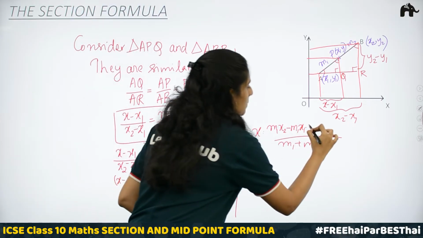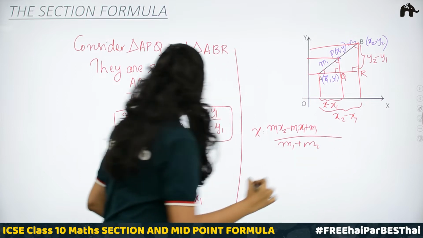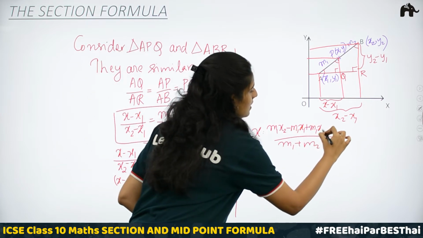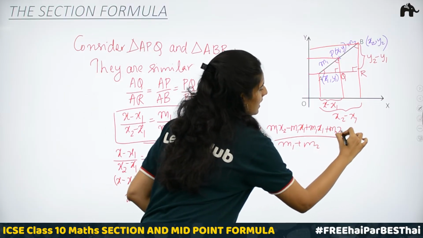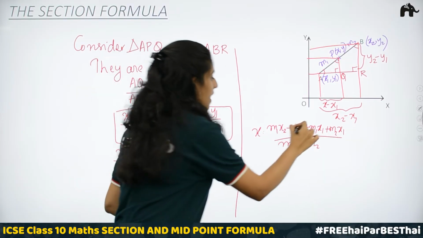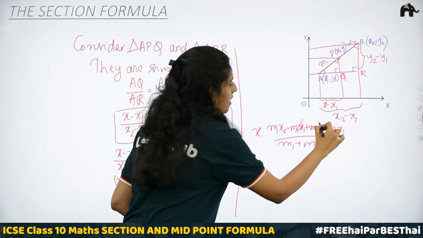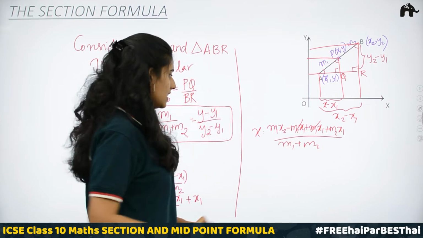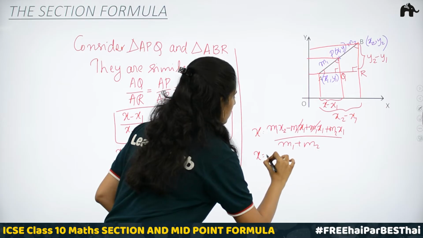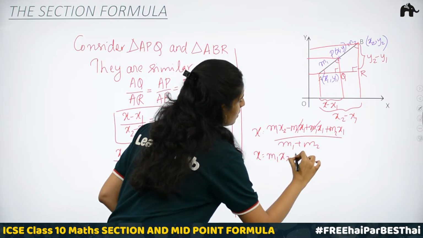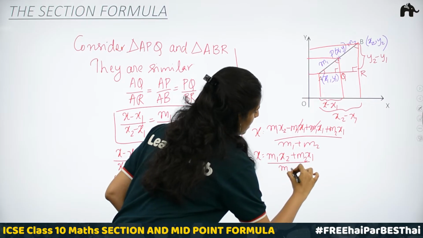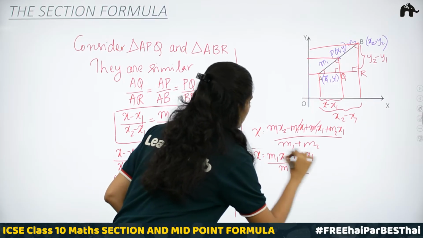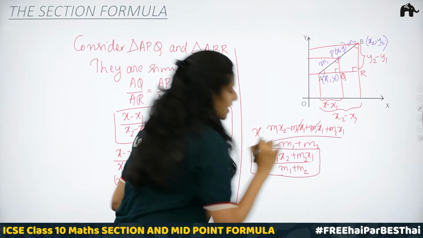We get plus m1 x1, then plus m2 x1. This minus m1 x1 and m1 x1 can be cancelled. That is, x is equal to m1 x2 plus m2 x1 divided by m1 plus m2. Understood how we got this x coordinate?